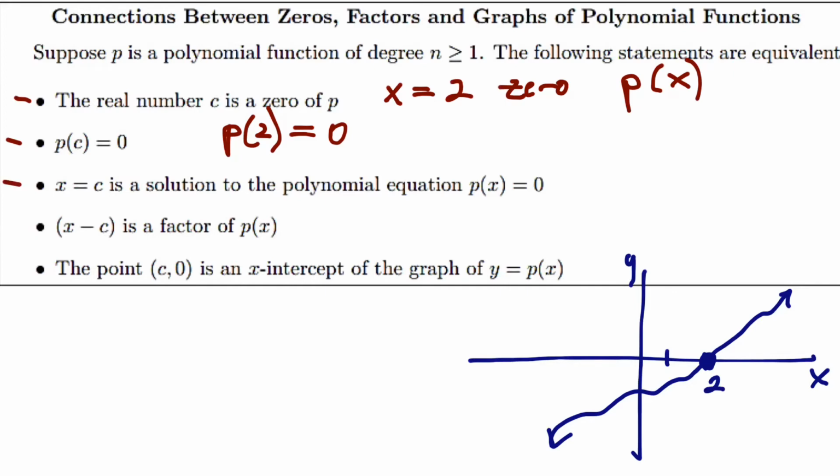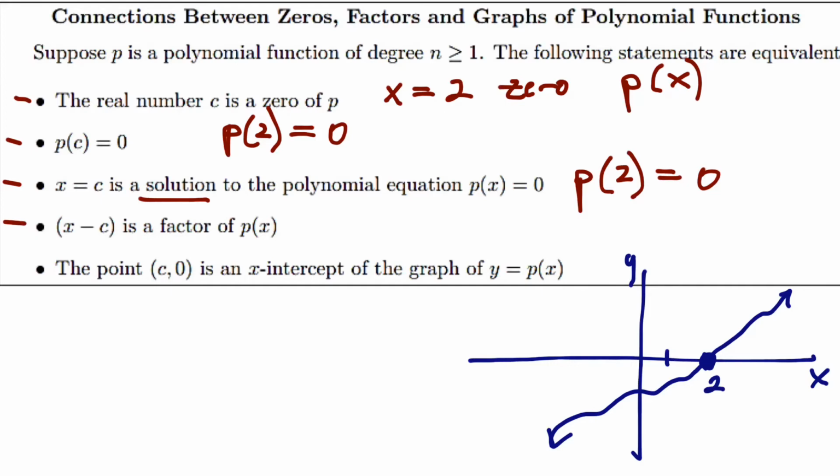The other thing that it says is that x equals c is a solution to the polynomial equation P of x equals 0. So that says the same thing. If you put 2 in the function P, it should give you a true statement, 0 equals 0, meaning 2 is a solution to the function P of x.